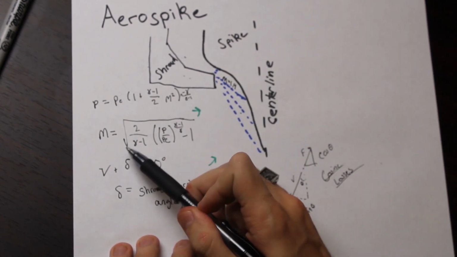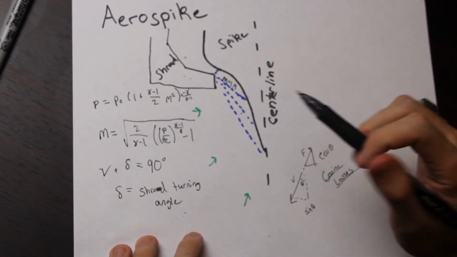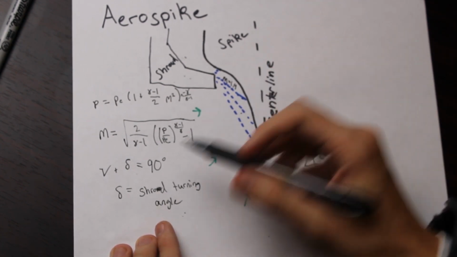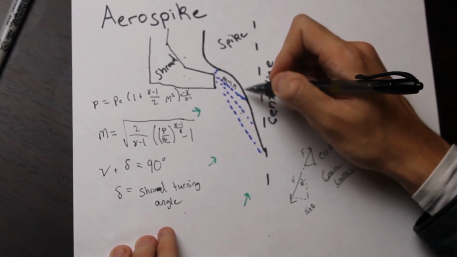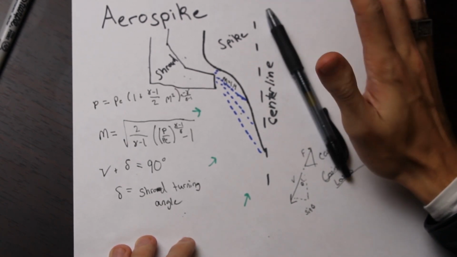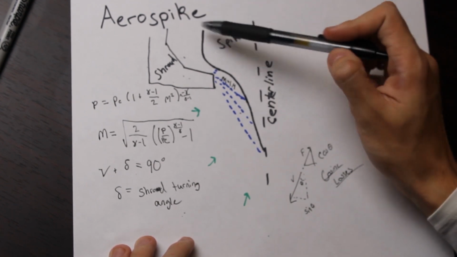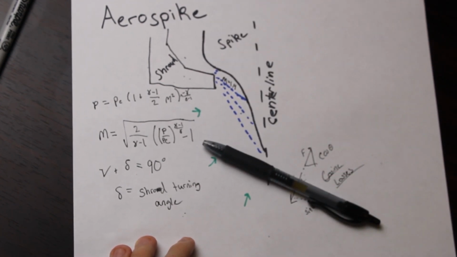We would plug Mach equals 1.4 into here, solve for the pressure relationship, and plug that into Prandtl-Meyer and get the Prandtl-Meyer angle, and that'll tell us what the slope of the spike needs to be at this point in the spike. So now we have to figure out how to go from a list of slope angles to the spike profile, which is going to be even more trigonometry.